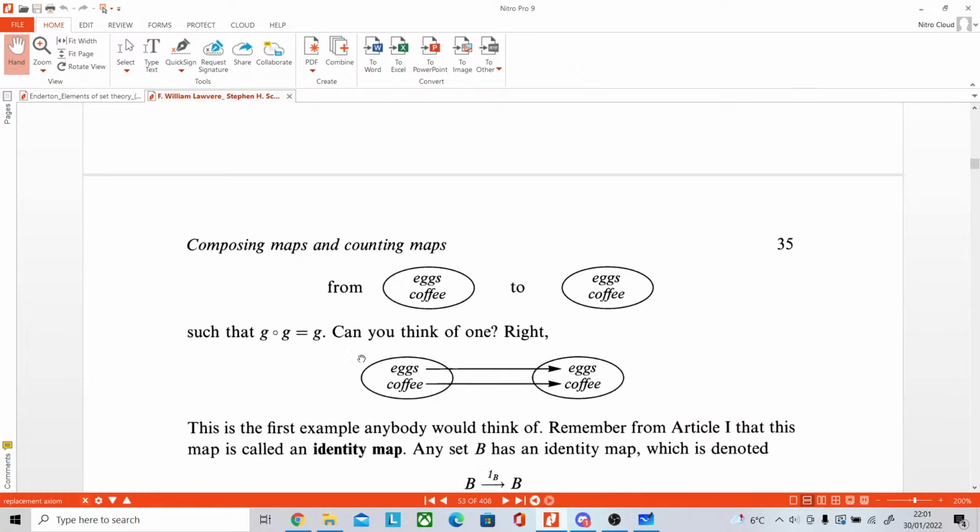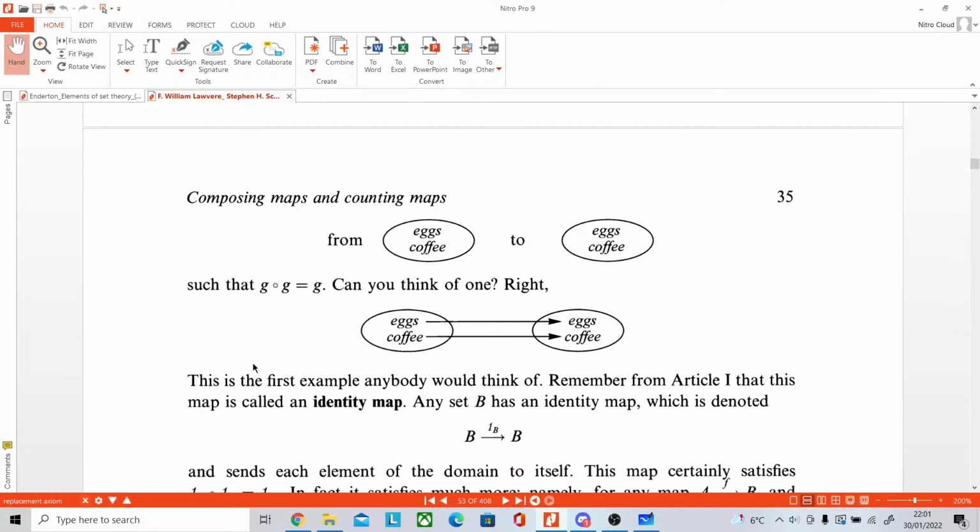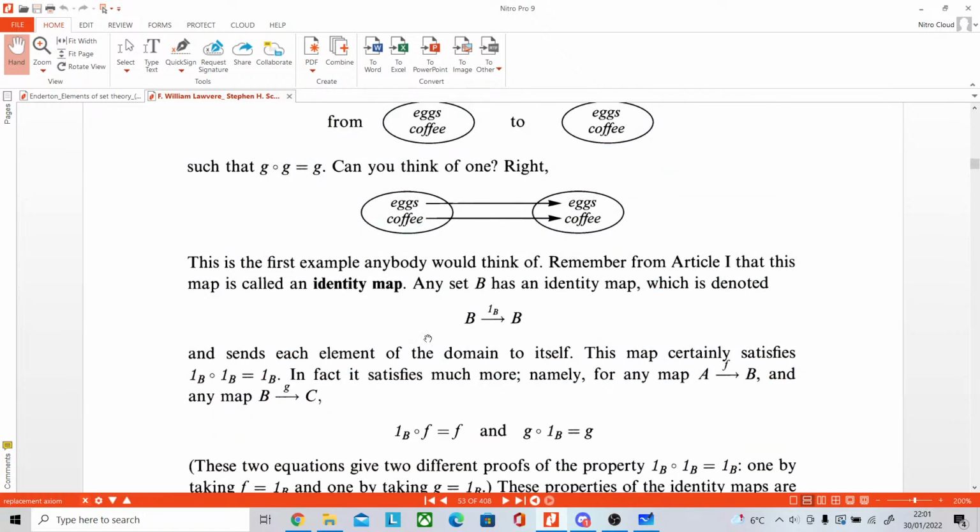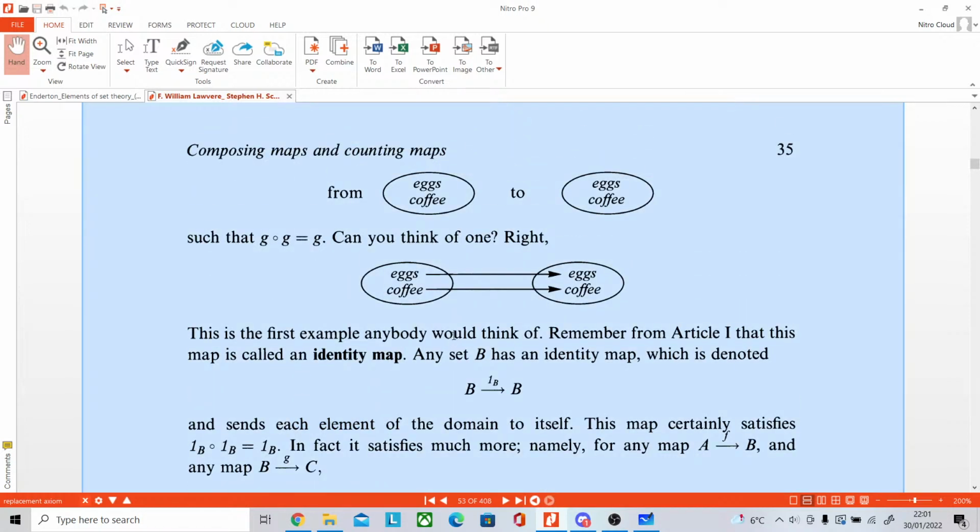Oh, this is what we did as well. I remember doing this. Oh, this is an identity map, because it maps the same object to the same object. It maps objects to themselves. So obviously, if you compose an identity with an identity, you go from the same point to the same point again.